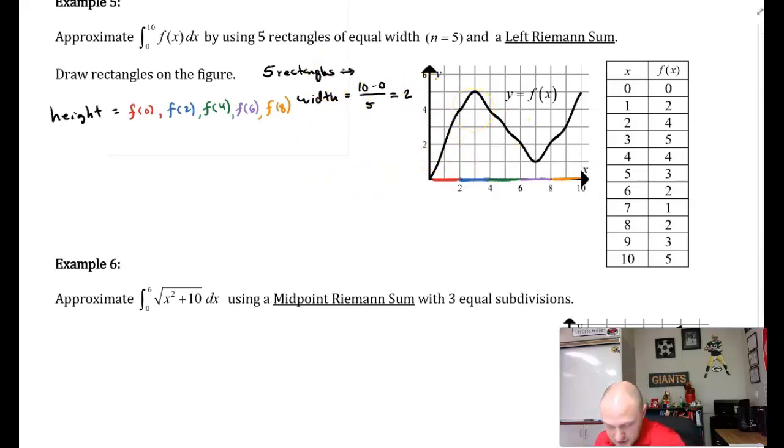So from 0 to 2, there's the height of my first one. We have 2, the height at 2 is right here, so here's my second rectangle. The third rectangle is going to be at f of 4, which is also right about here.